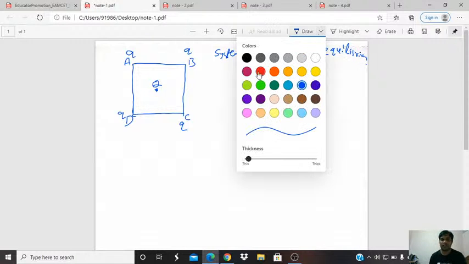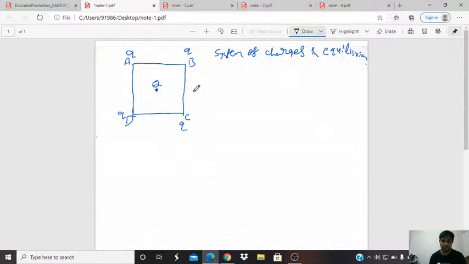For example, if you are taking corner C, first of all, a square means each side is equal. Let each side be a. Now the force between A and B, B and C, C and D, and A and D is equal to F, which is K Q square by a square.